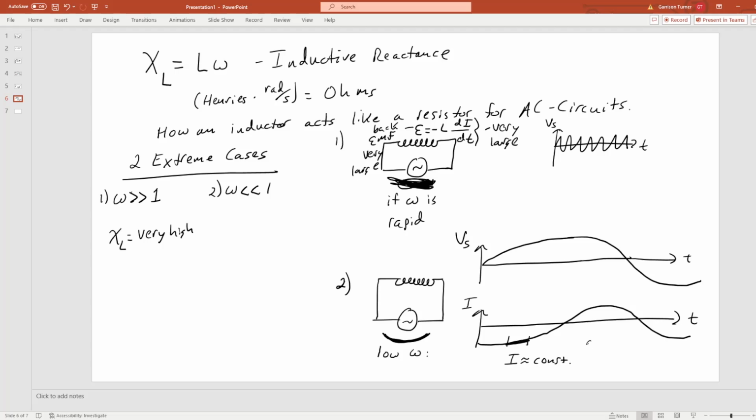And that means di dt is approximately 0, which induces no back EMF.